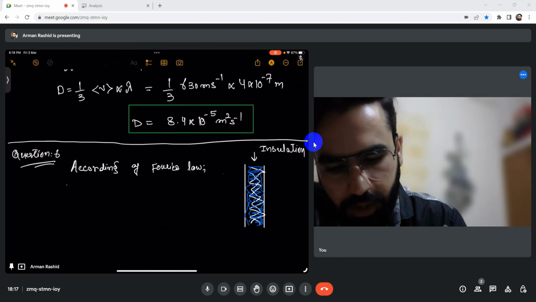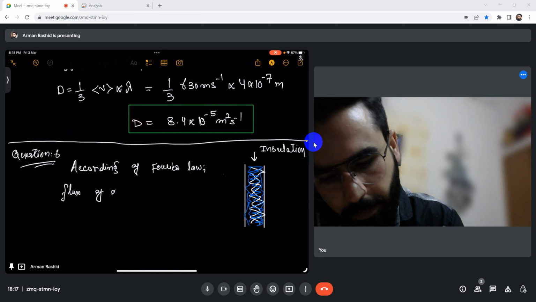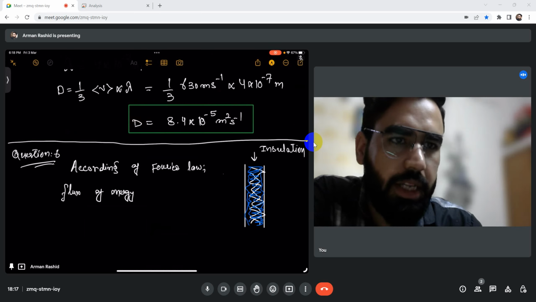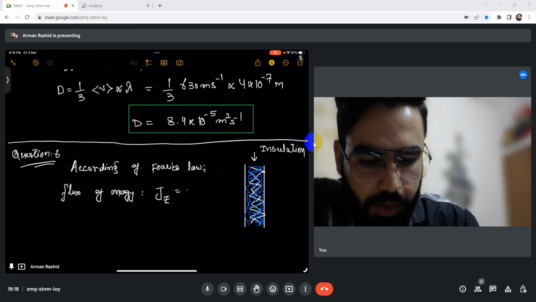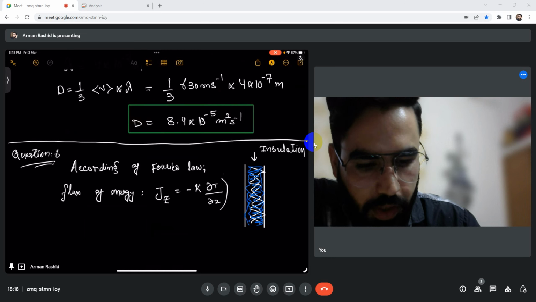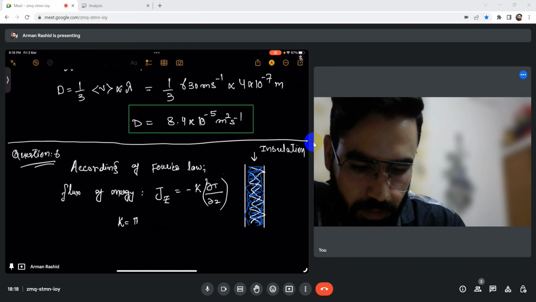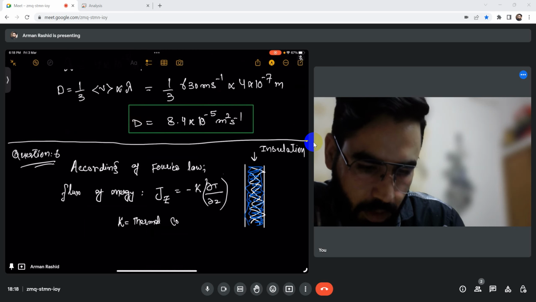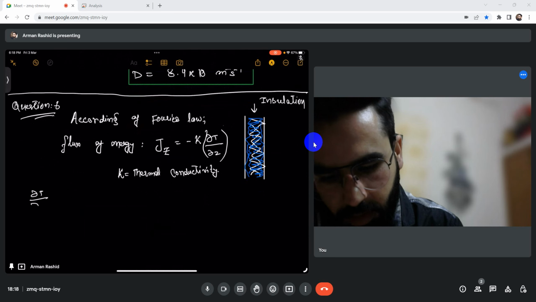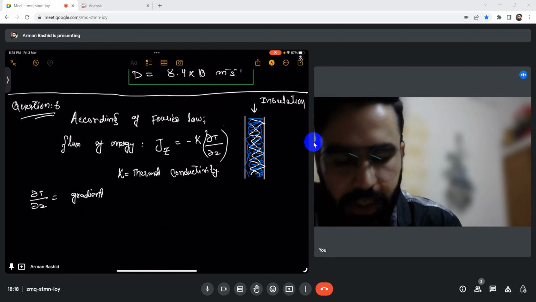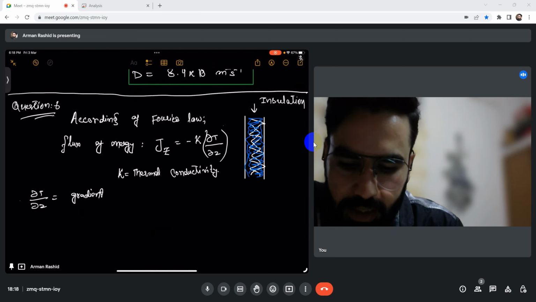Fourier's law tells us about the flux of energy, that means the total energy flowed per unit time, per unit area. The flux, if we denote it by Jz, is given by minus K dT by dz, where K is the thermal conductivity, and dT by dz is the gradient of temperature as a function of length. This is the negative of the gradient.